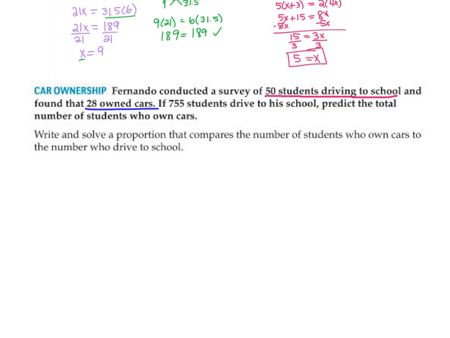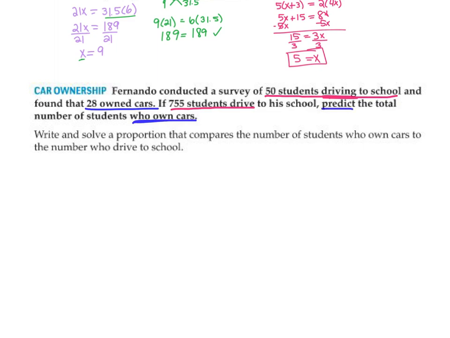If 755 students drive to his school, we want to predict the total number of students who would own cars. So, driving, 755 driving, remember driving earlier was pink. The total number of students who own will be blue. That's what we're trying to solve for.